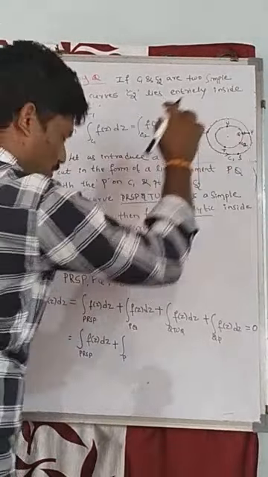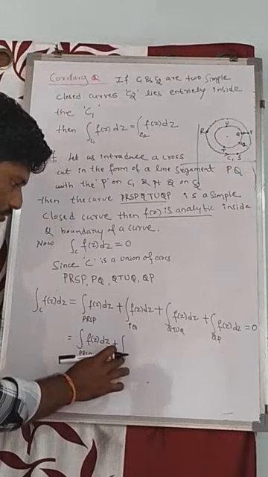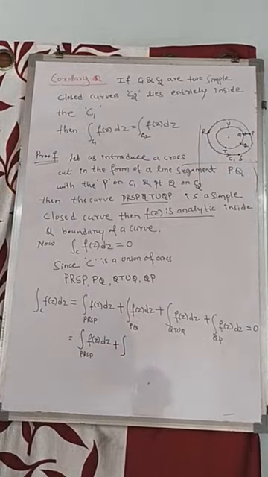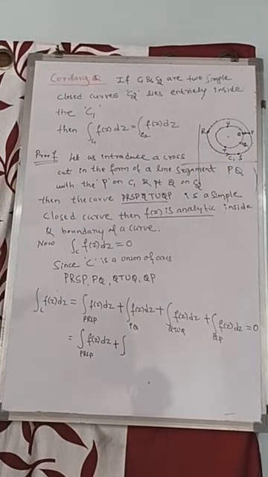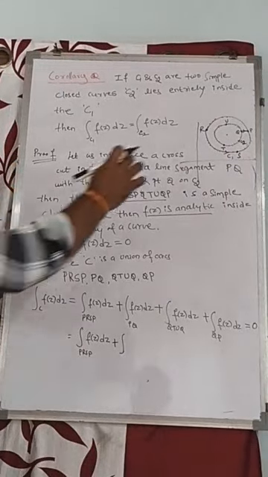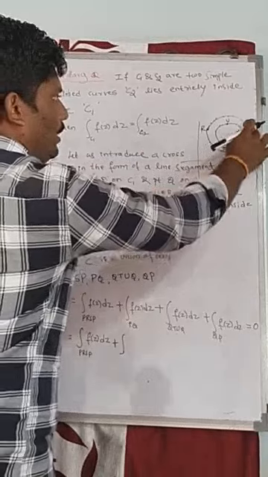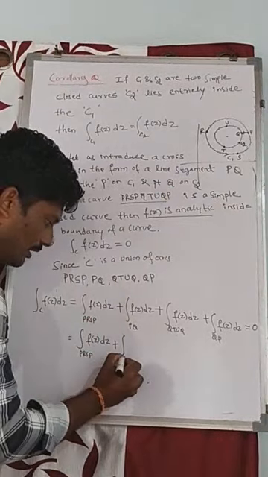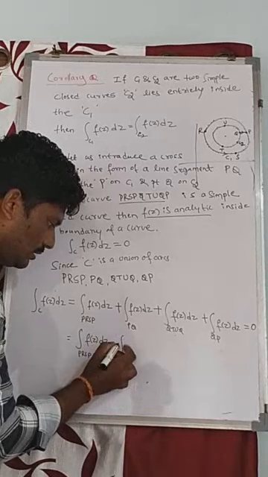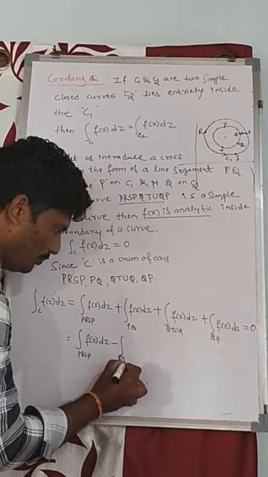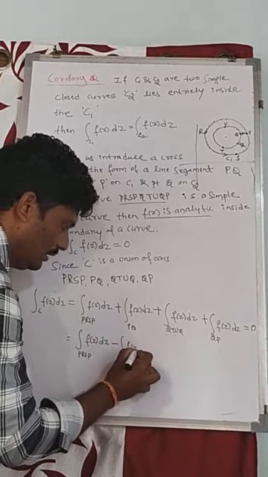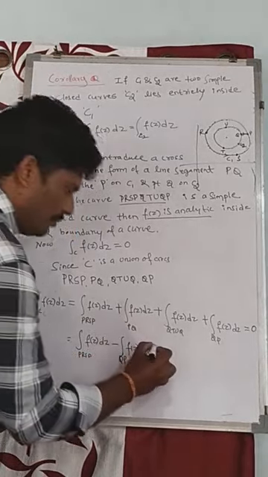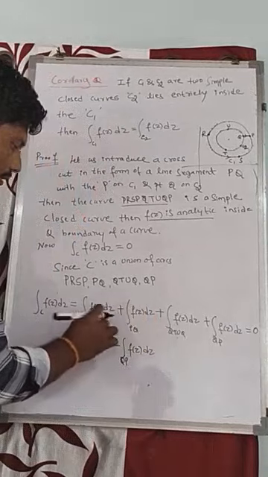PQ means the opposite direction of QP. This is also written as minus of QP. We can take the minus on either one. So it becomes minus integration QP of f of z dz. Next one.